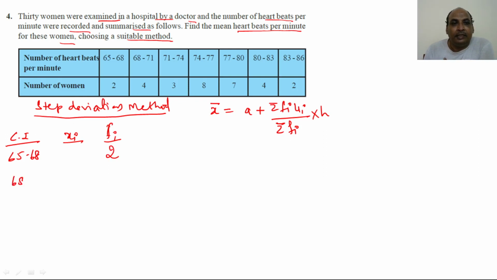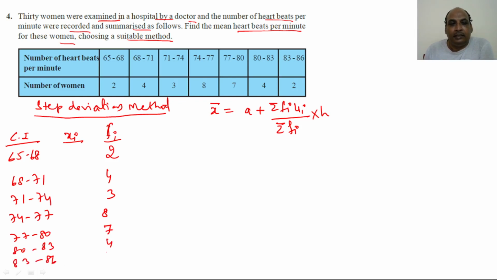Then 68 to 71, it is 4. 71 to 74, it is 3. 74 to 77, it is 8. 77 to 80, it is 7. 80 to 83, 4. And 83 to 86, that is 2. Okay, fine. We can do sigma Fi here itself, no issue.